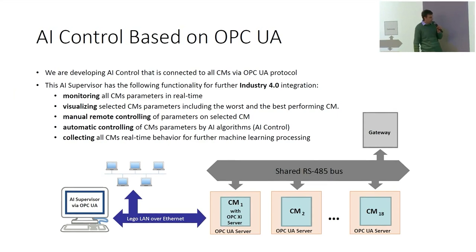And as I already introduced, as the first step we had to get rid of the slightly obsolete RS485 communication bus and replace it with OPC UA over Ethernet, which enables us to transfer a significantly larger amount of data bidirectionally and more reliably.